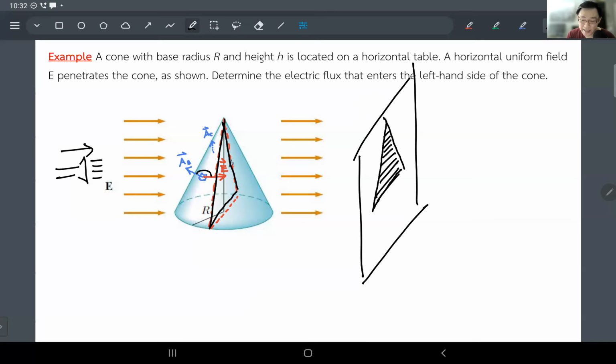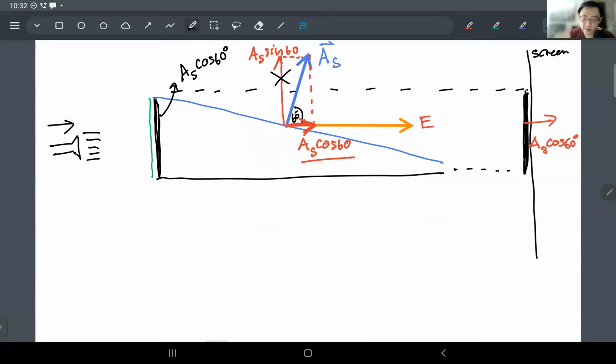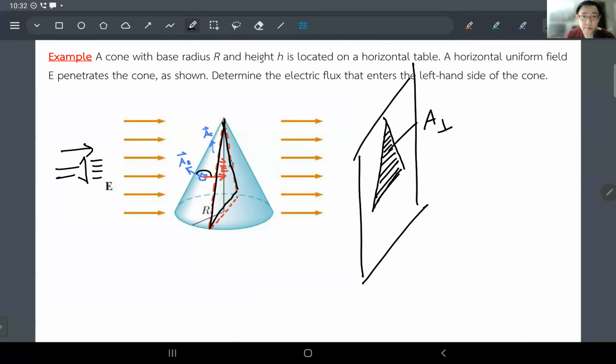And actually, that is the A perpendicular that we discussed since the beginning of the concepts of flux. Because you only care about the components of the side surface of the cone that are actually perpendicular to the electric field, which is just the shadow cast on a screen perpendicular to the field.